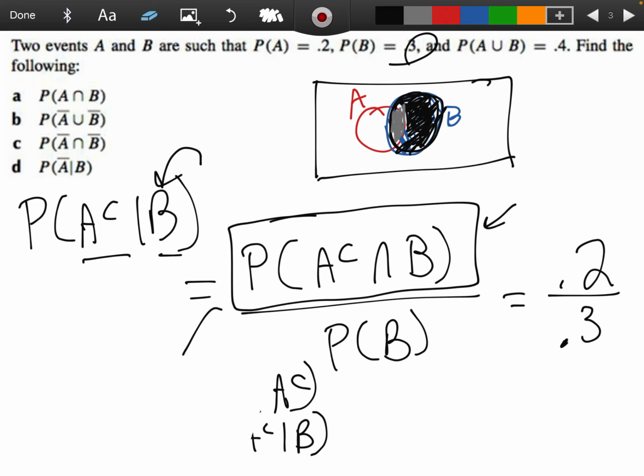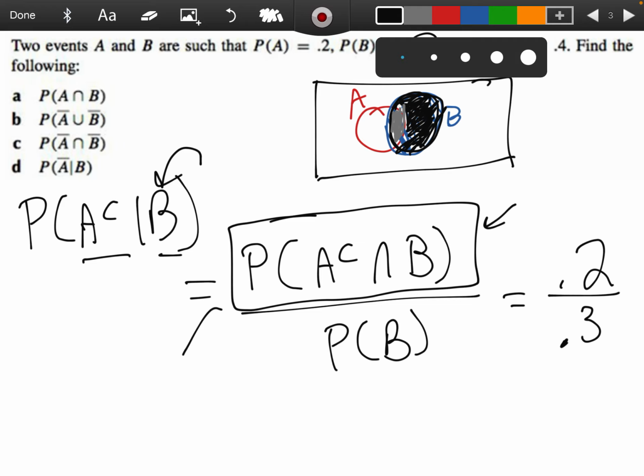Axiom 3 gives us a rule for unions, and we can apply it here if we had wanted to.